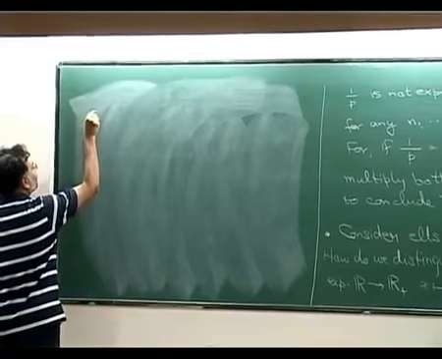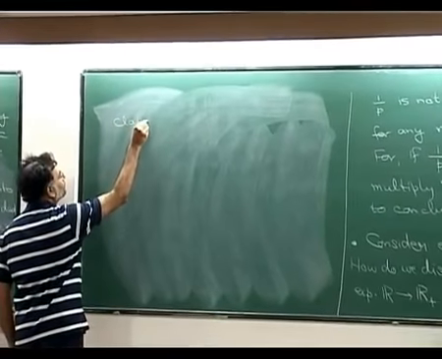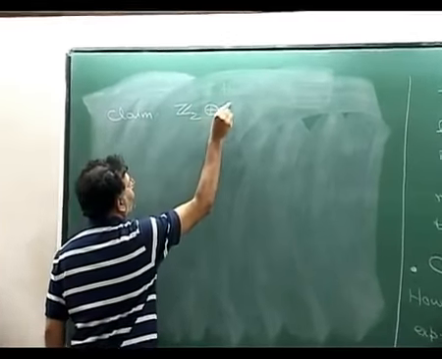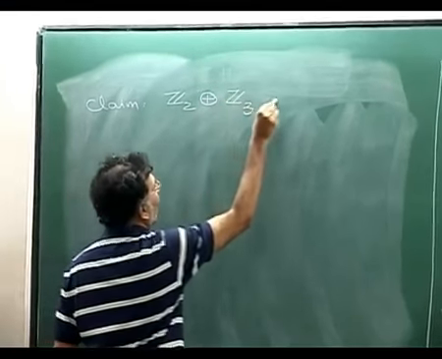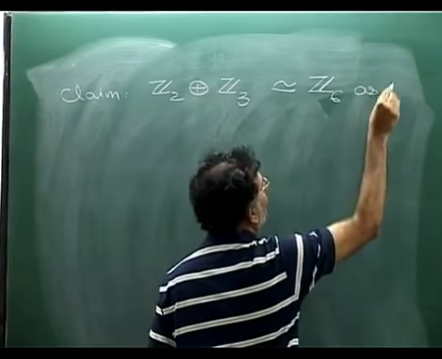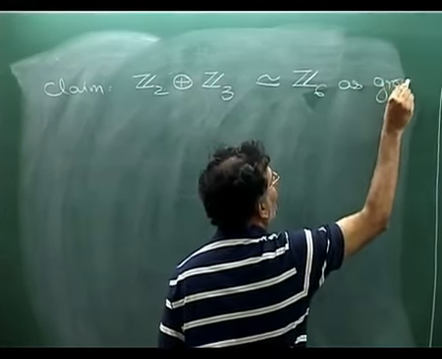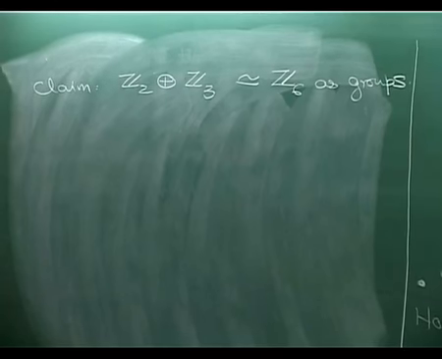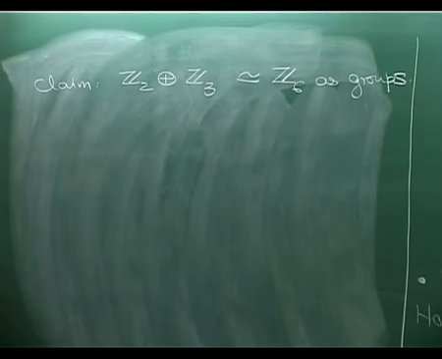So claim: Z2 direct sum Z3 is isomorphic to Z6 as groups. That is my claim. Okay, so I'll prove this claim. Your objection is they are not the same set.